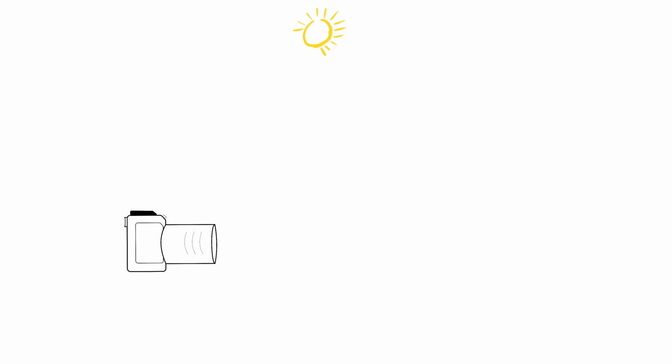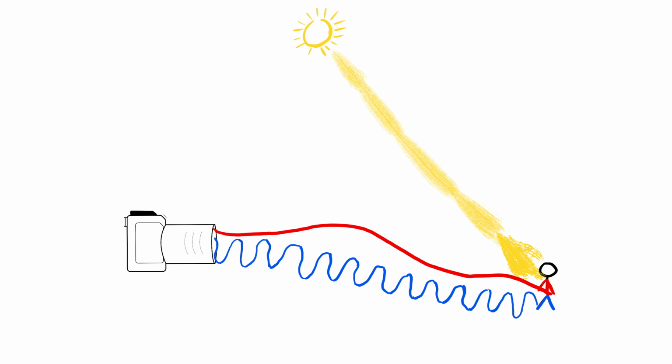Now, when light is traveling and it hits an object, there's two things that can happen. It can either bounce off the object or it can be absorbed into it, right? And different frequencies might be absorbed or bounced off, resulting in the object appearing to have a particular color.